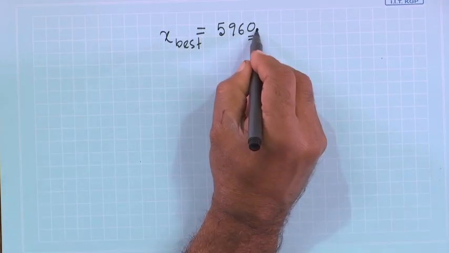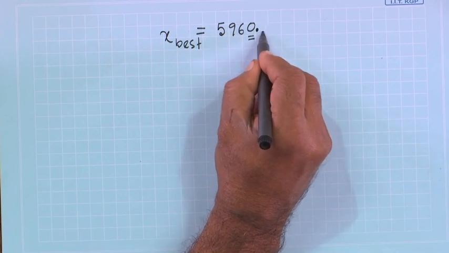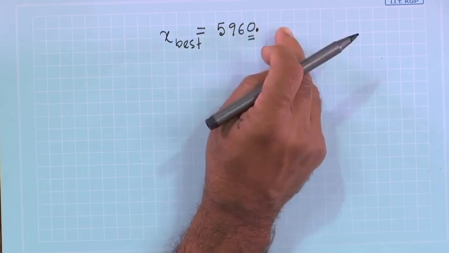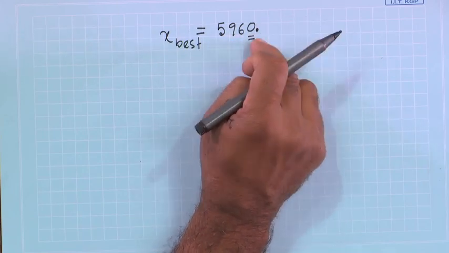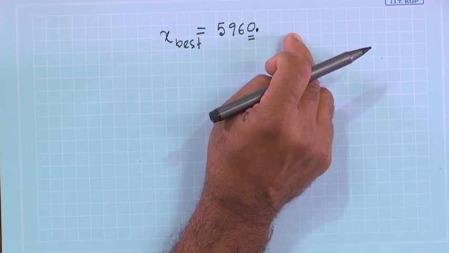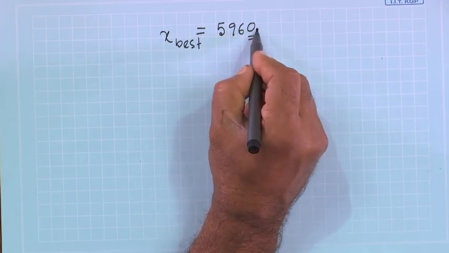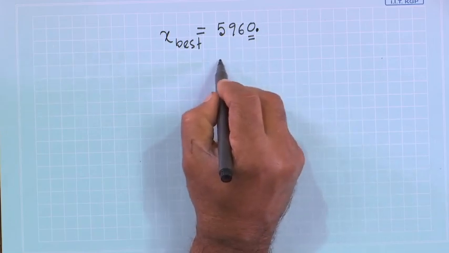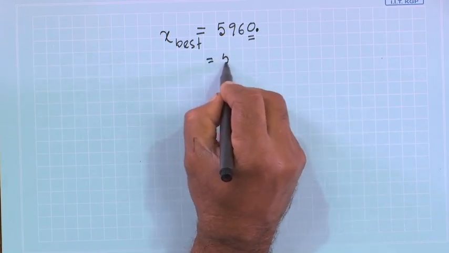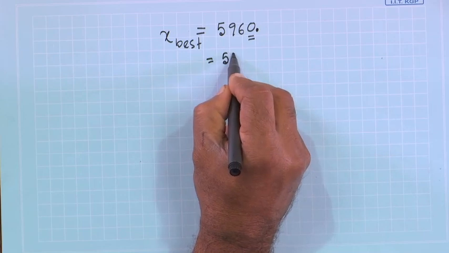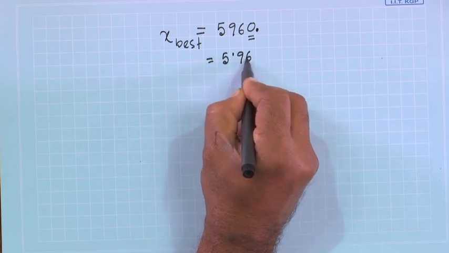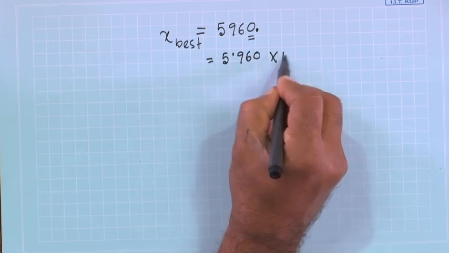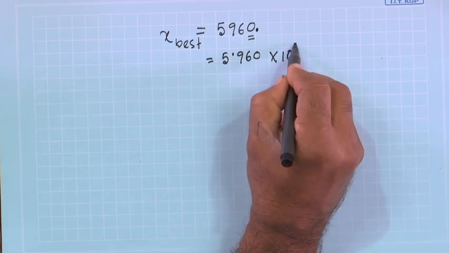We use one decimal point, so the significant digits will be 5. Or you can write it as 5.960 times 10 to the power 3.